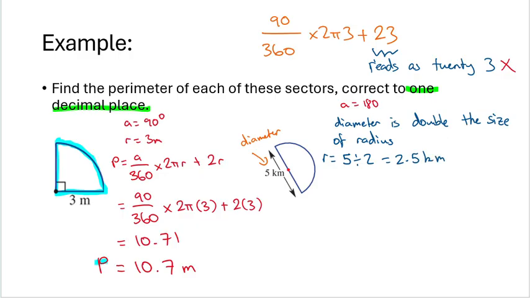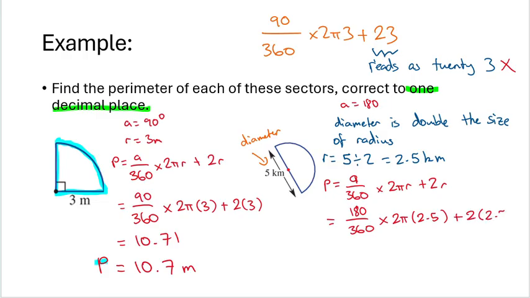Now that we have the radius, we can just plug and play our formula. So it'll be times 2 pi r plus 2r. Let's substitute the numbers in. 2.5 plus 2 bracket 2.5. Brackets.